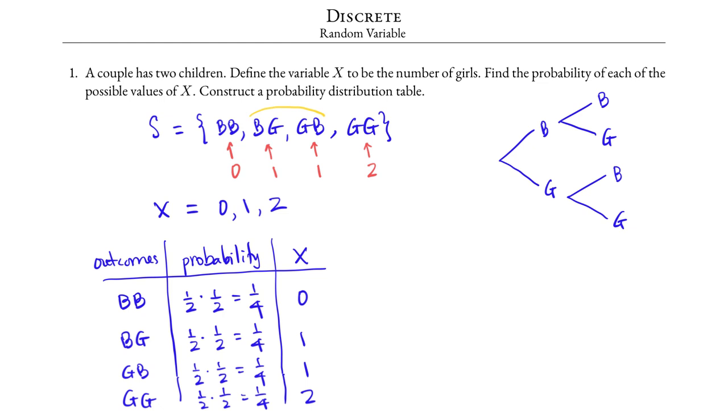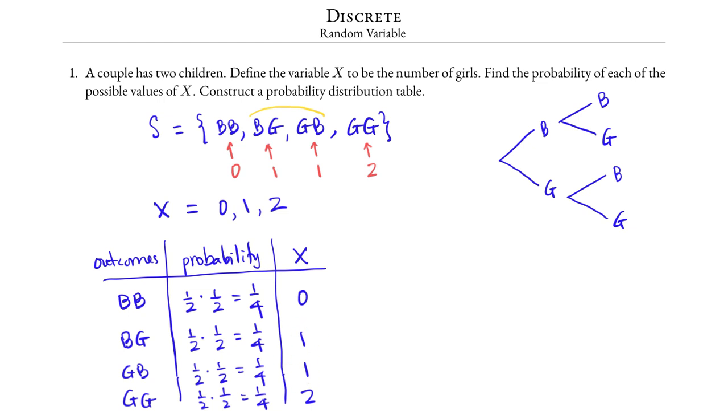And again, this is quite simple, but in some cases we might have to construct such a table. Now, we're going to construct a probability distribution table that lists each possible value only once. And so we're not going to list the outcomes themselves. We only list the possible values for x. The possible values for x in this case are 0, 1, 2, and we list each only once.